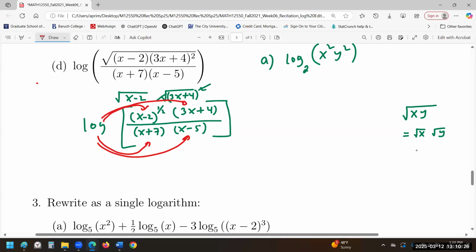So who can tell me the answer? We have log, the first one, x minus 2 to the 1/2, and then plus log of the second one, 3x plus 4. Great. The next one?